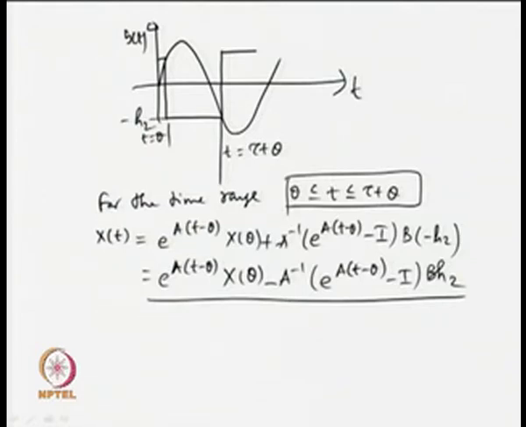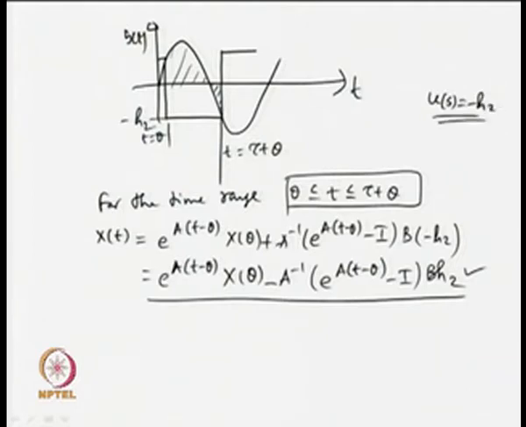Then the area of that time span can be obtained using the output, as shown here in the shaded part of the output signal. Now, how have we been able to get this expression? Simply, I have substituted the u(t) by its appropriate input. In this case, it is minus h2.